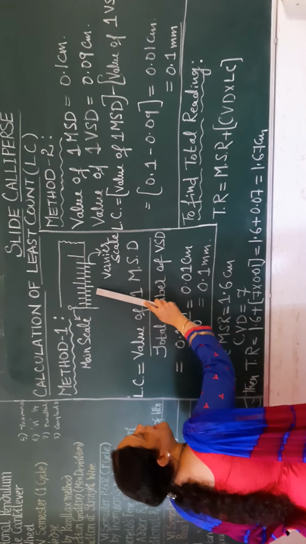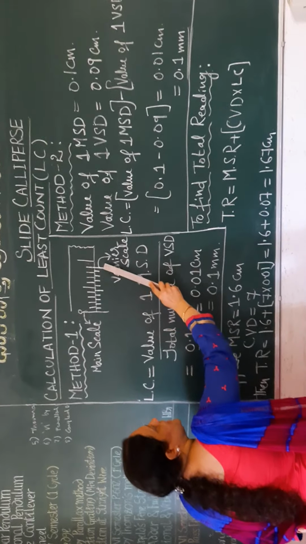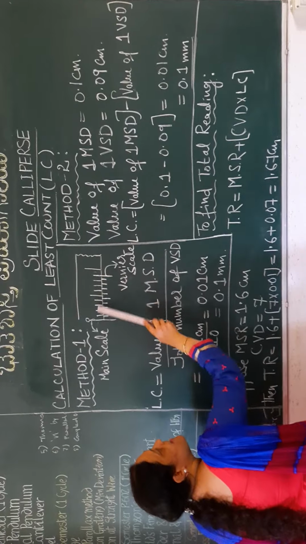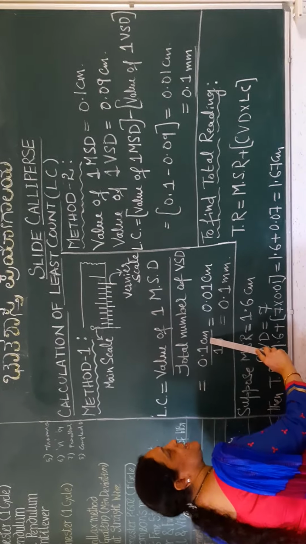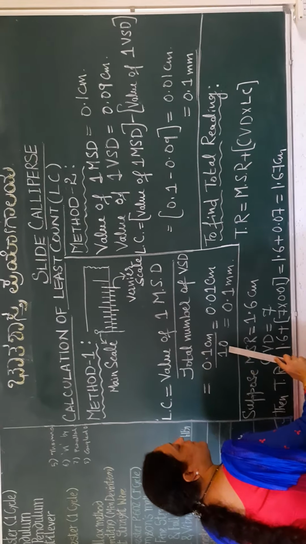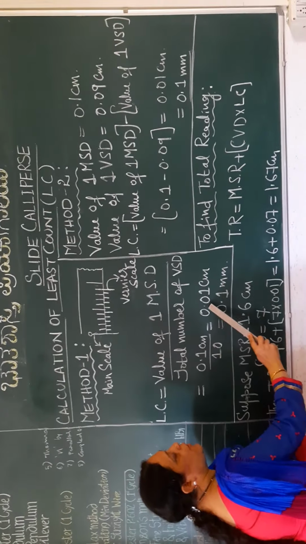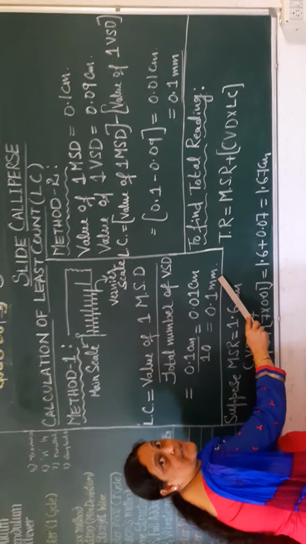I have shown you the diagram of both the main scale and the vernier scale here, and I have also explained that the value of 1 MSD of the vernier calipers is equal to 0.1 centimeter, and we have 10 divisions on the vernier, so 0.1 centimeter divided by 10 will be equal to 0.01 centimeter or 0.1 millimeter.